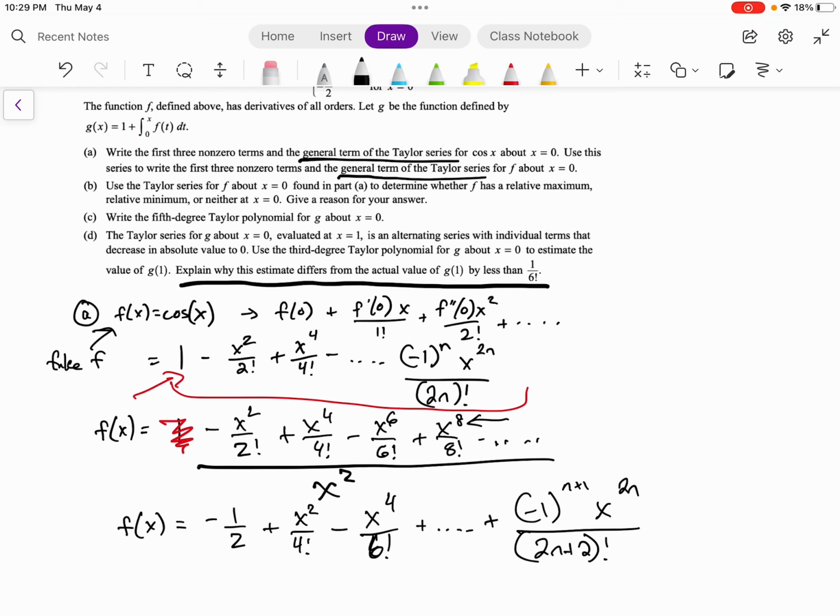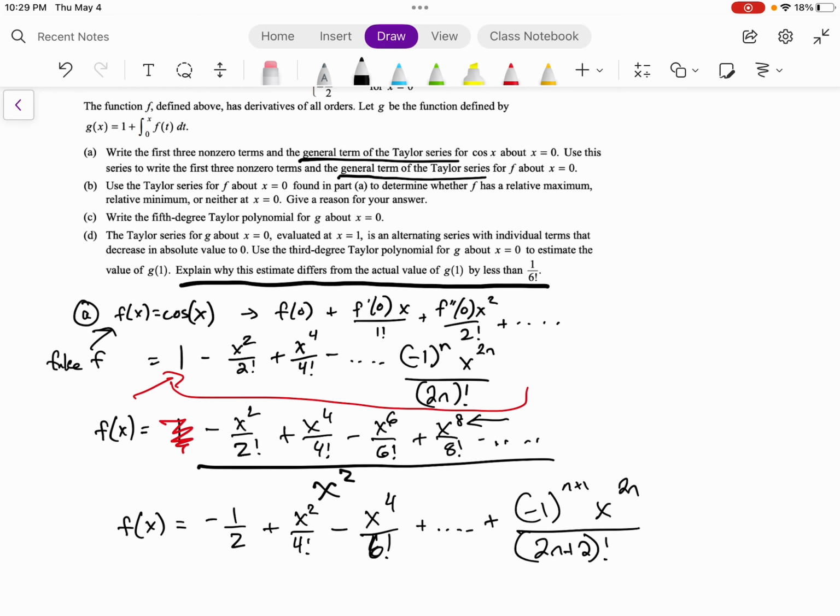Anyway, let's talk about B. Use the Taylor series for f about x equals 0 in part A to determine whether f has a relative maximum, minimum, or neither at x equals 0. So if we're going to talk about f, let's talk about the first derivative.